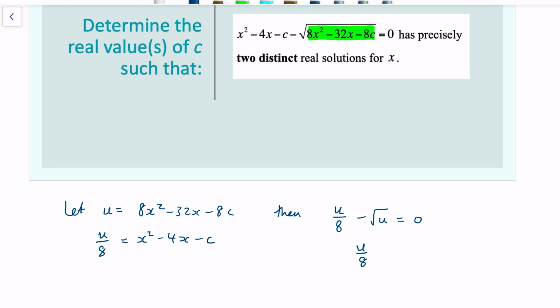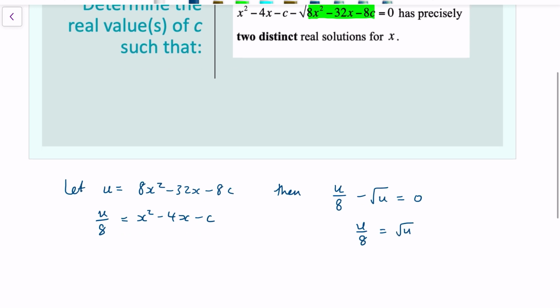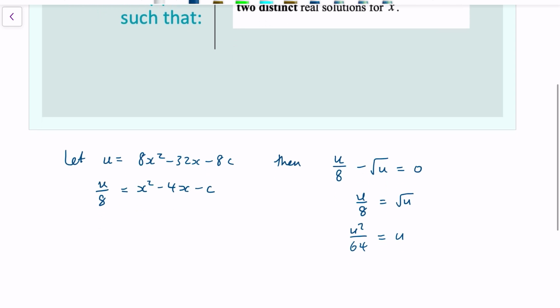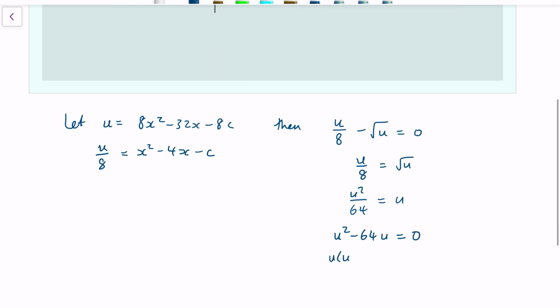And if I rearrange this and square both sides, I've got a quadratic equation with two possibilities for u.